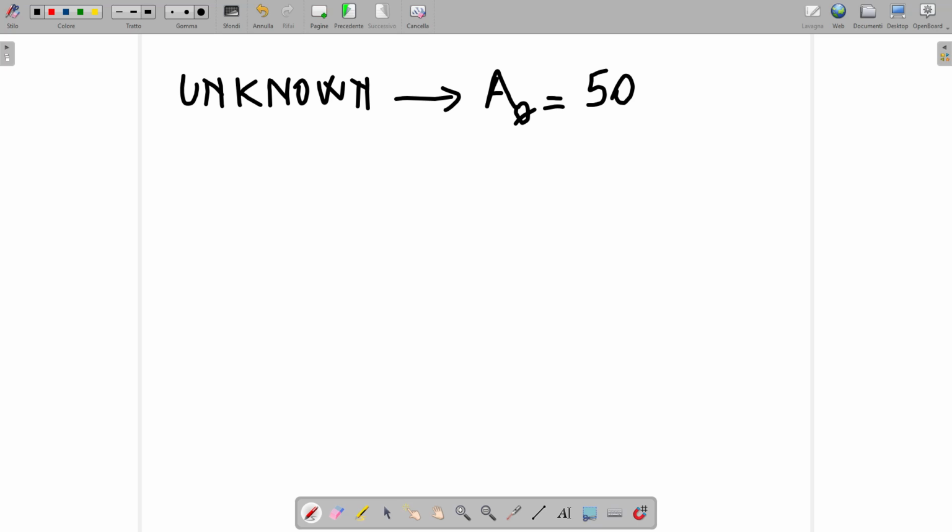The computer tells me, okay, the area of the peak of your unknown is 50. Usually it is expressed as arbitrary units.